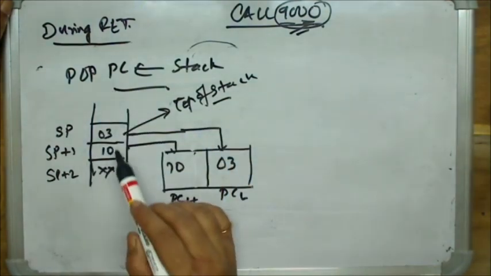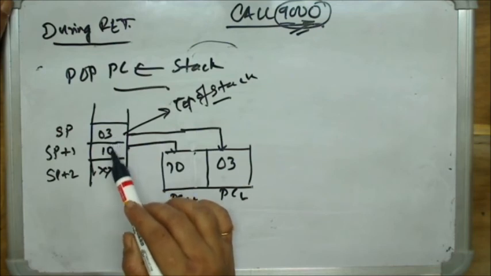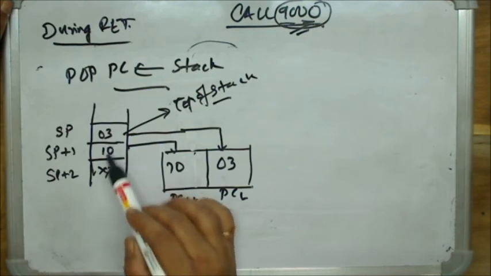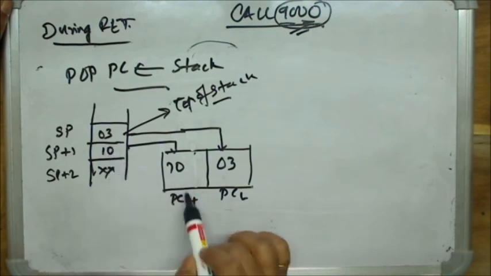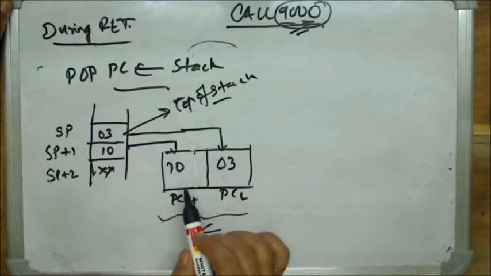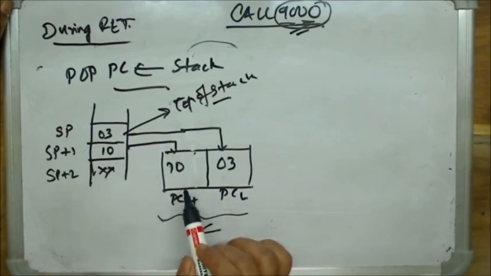The number I have taken for example, 1003, is stored in the stack in this way. Now it will work in the reverse order. 1003 has to be popped out into PC, the way it was pushed, in reverse order.